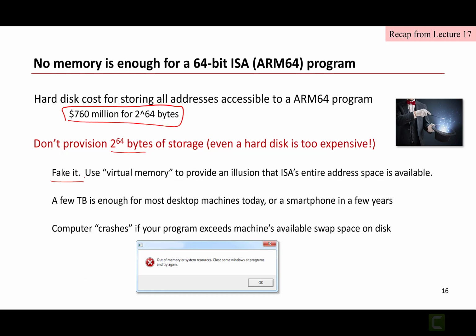So now you may ask, okay, what happens when I do ask for the space that I was promised? Well, then your computer will crash. You may have seen this screen. This is not an uncommon sight. You have run out of memory or system resources. Now this error message should never happen if your computing system had enough space for all the data in virtual memory space.